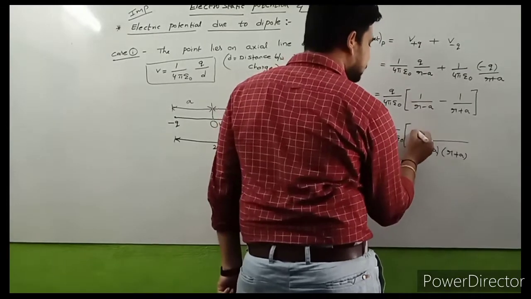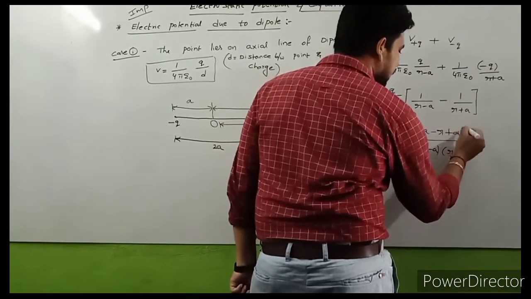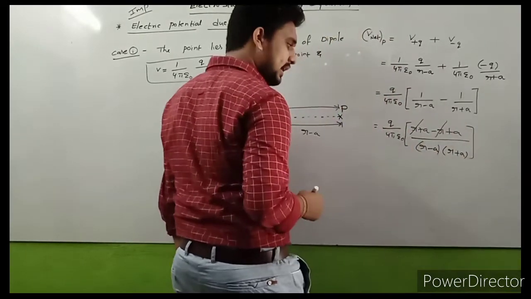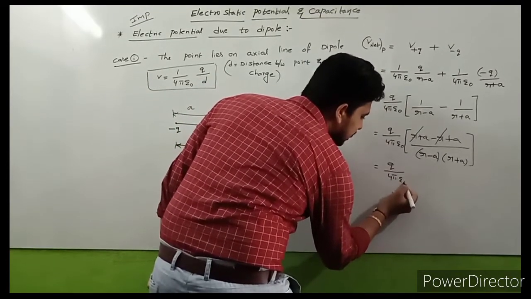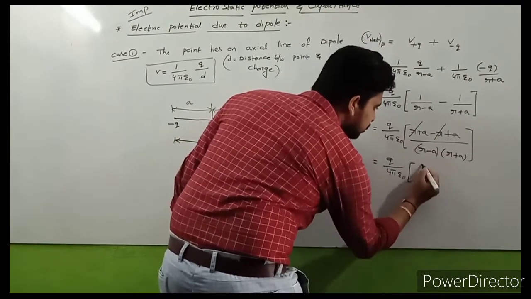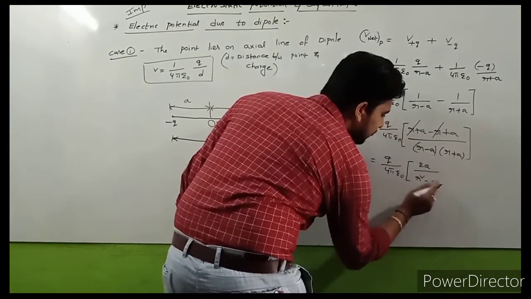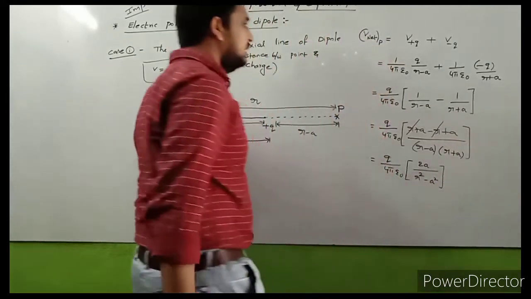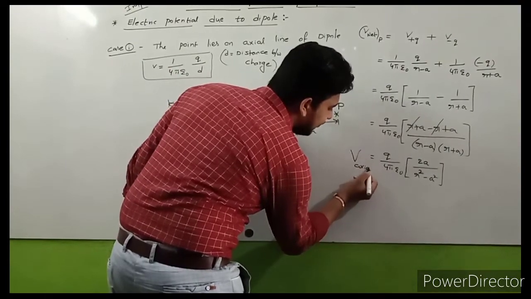Then what we will get? R plus a minus R plus a. Here plus R and minus R are going to be cancelled. Q by 4 pi epsilon naught into 2a by R square minus a square. So this is the net potential on the axial line.